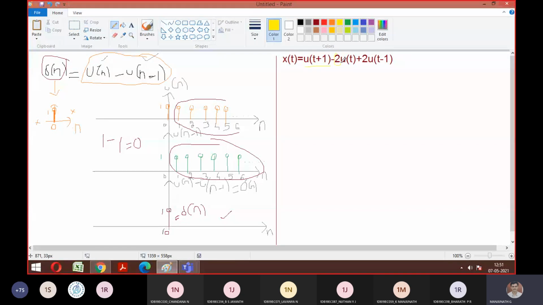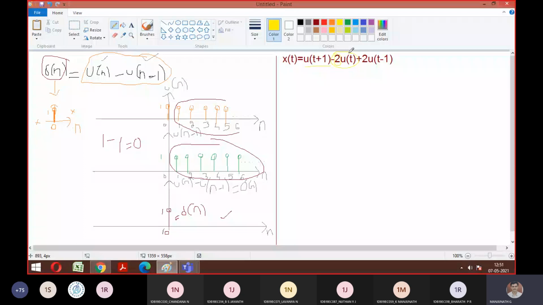Then I told you, you can do the things in two ways. If you are good at addition, you can make this minus 2 times u of t by using your time folding concept, and keep everything to add at the end. Am I clear on what I told, everyone? And the last one, you have to do t minus 1, that is with respect to your delay part.